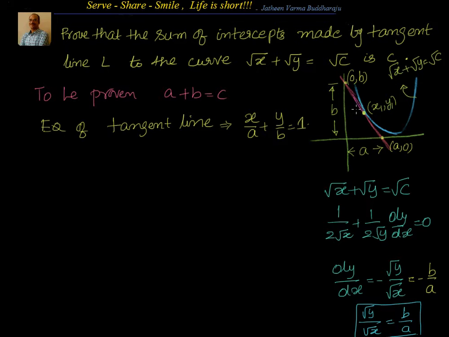Now how to prove that c equal to a plus b? If I want to prove a plus b equal to c, certainly I should be able to use the curve. How can I leverage both the equation of the curve and the equation of the tangent line? Only if I consider the point x1 comma y1, because that point is common to the tangent and also to the curve, because that's the point of contact.